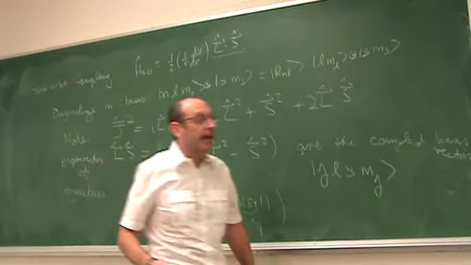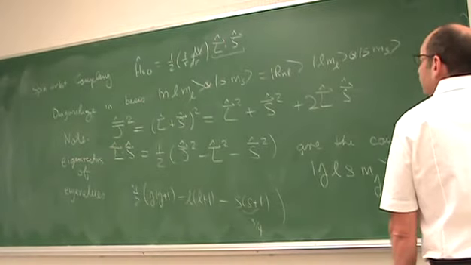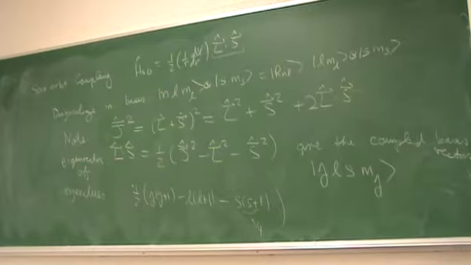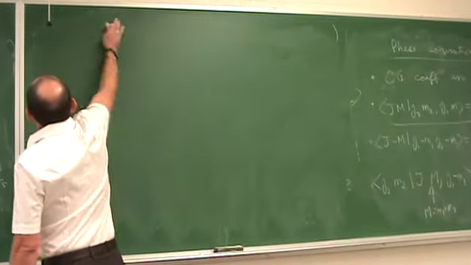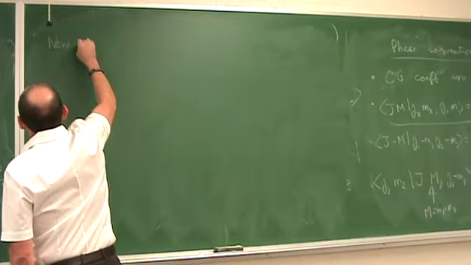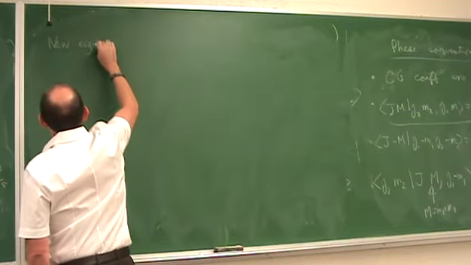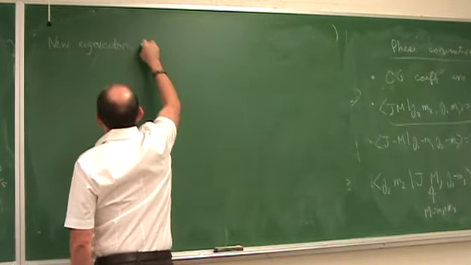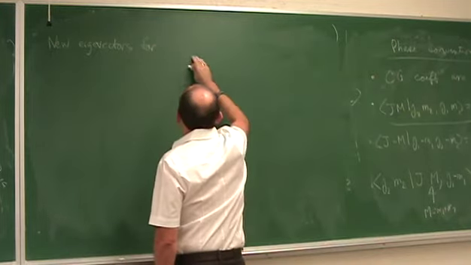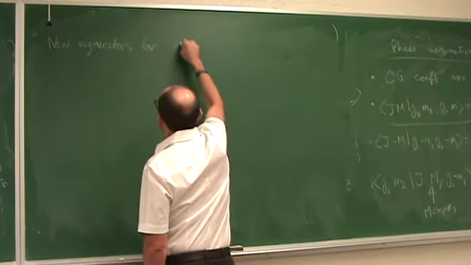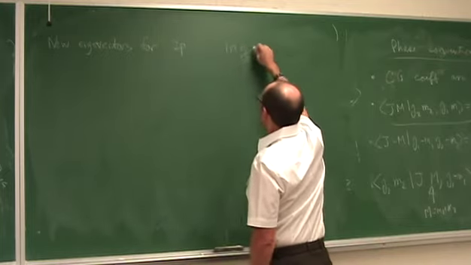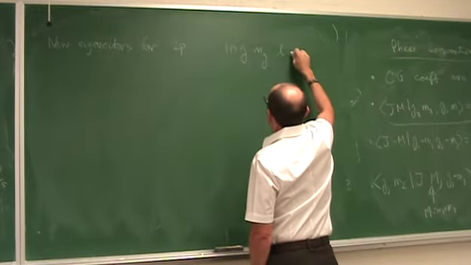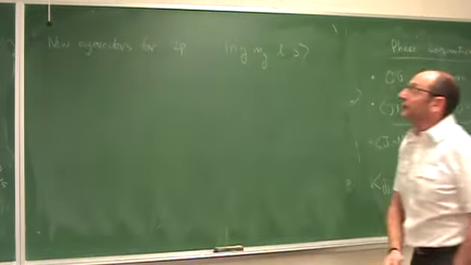All right, let's put it all together. New eigenvectors for 2p. They now have n, j, mj, l, and s as good quantum numbers.